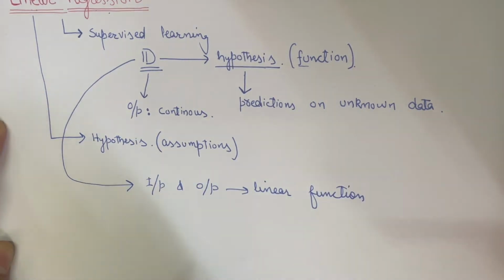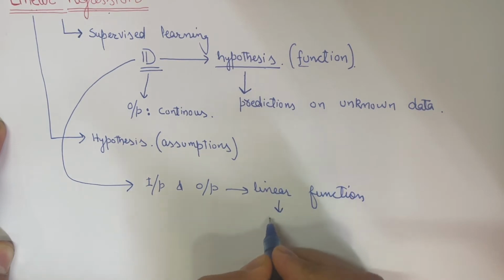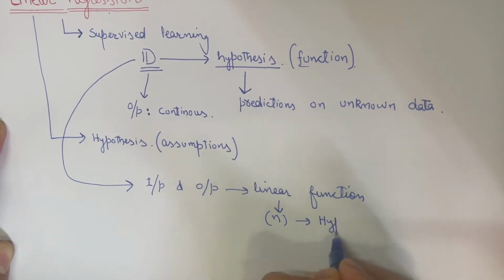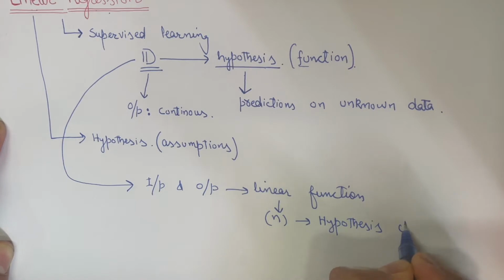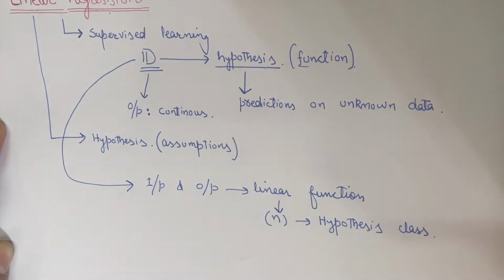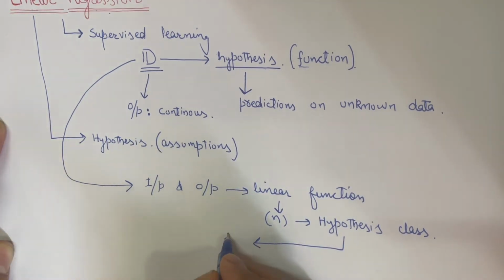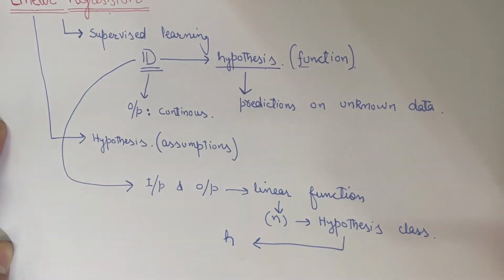And we know that there are n number of linear functions. This complete set of linear functions is called a hypothesis class, and from this hypothesis class we have to find one best function that is called our hypothesis function.